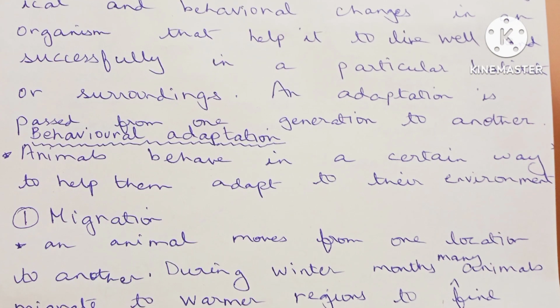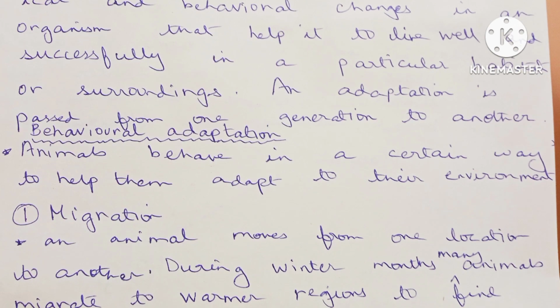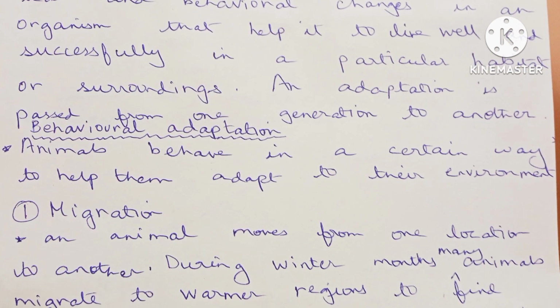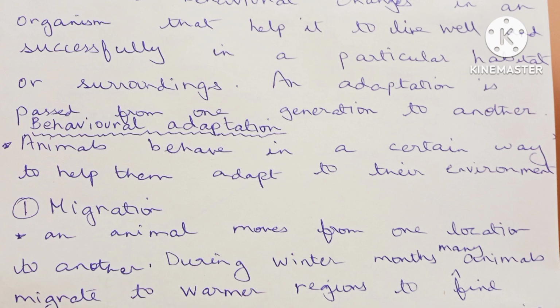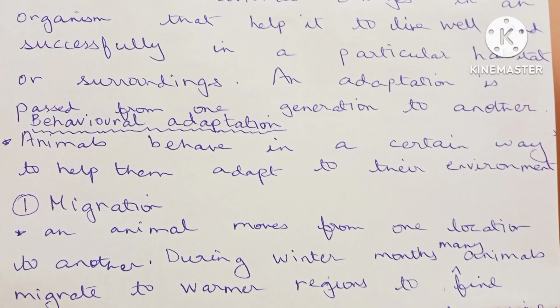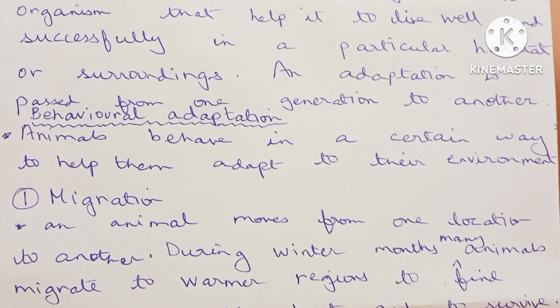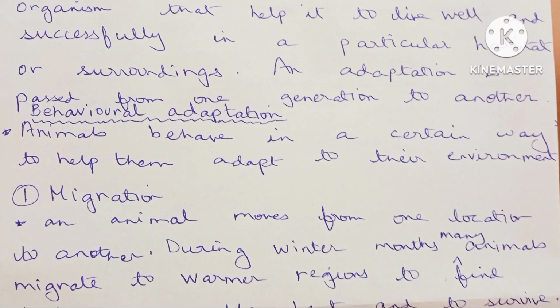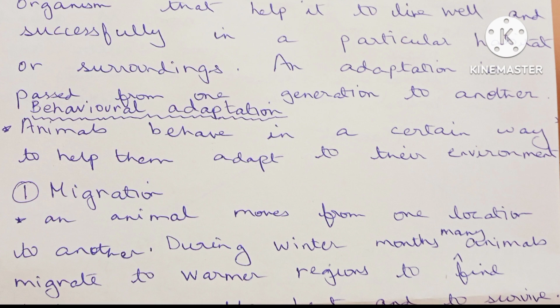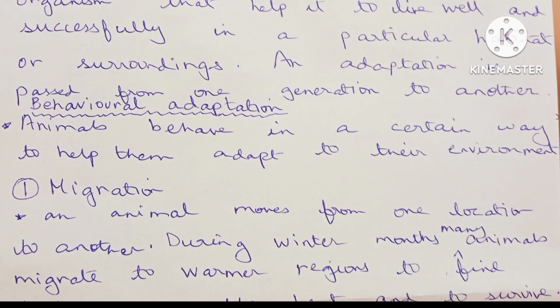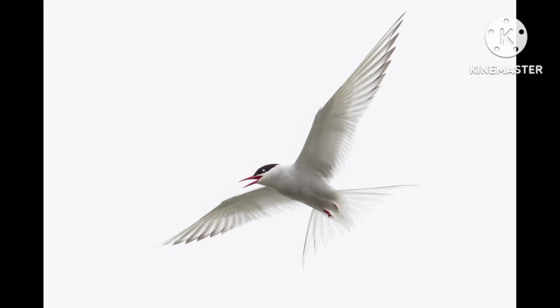In this video, children, we are going to discuss only two types of adaptations. One is behavioral adaptation and the other is structural adaptation. Now, animals behave in a certain way to help them adapt to their environment. Number one type is migration. An animal moves from one location to another during winter months. Many animals migrate to warmer regions to find food, escape the cold and to survive.